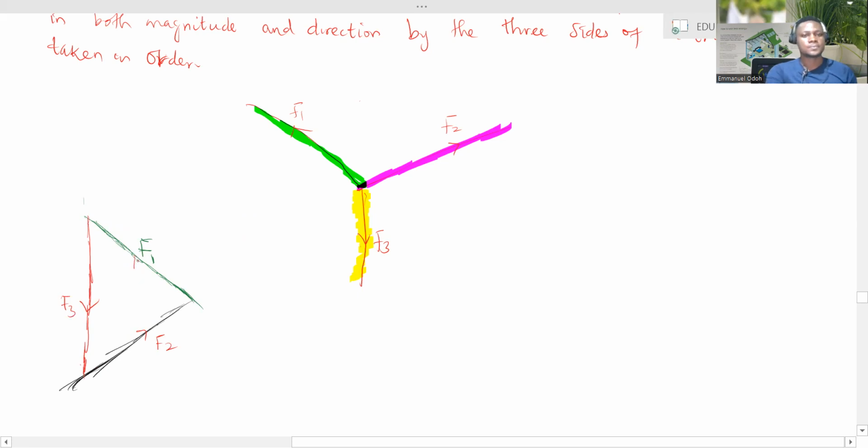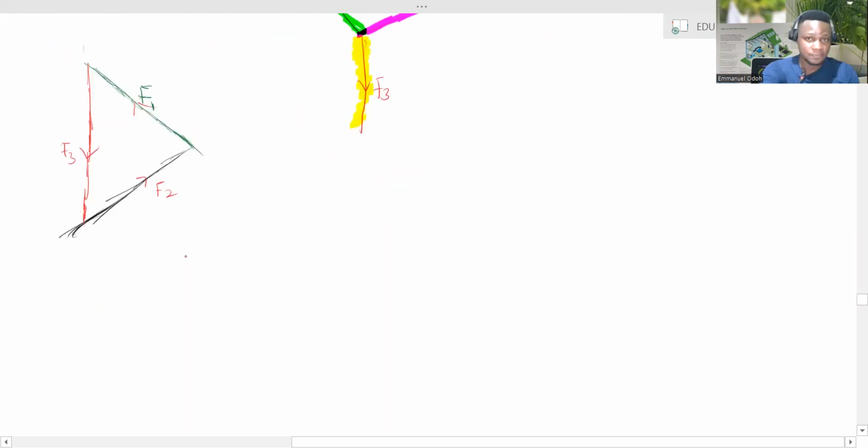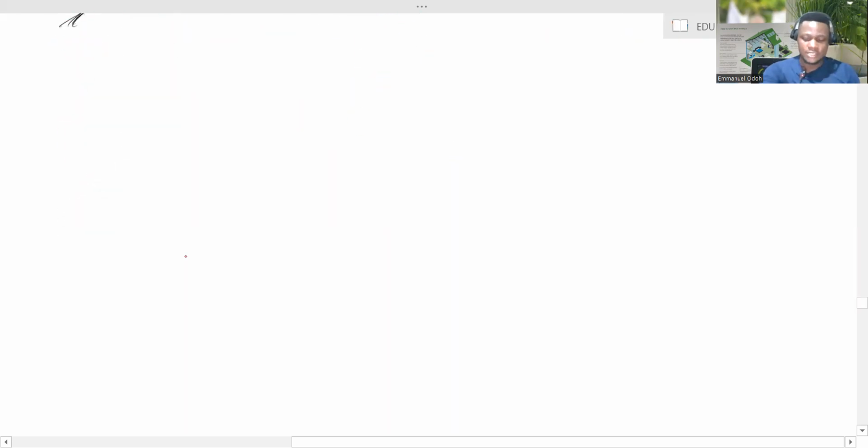The resultant of F1 and F2 is the line that is equal in magnitude to F3 but in opposite direction to it. So this is the triangle that has been formed. Let's check another one.